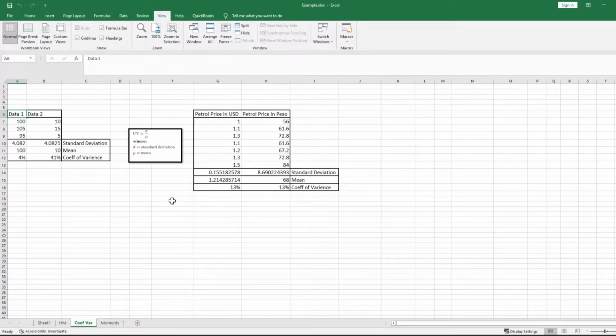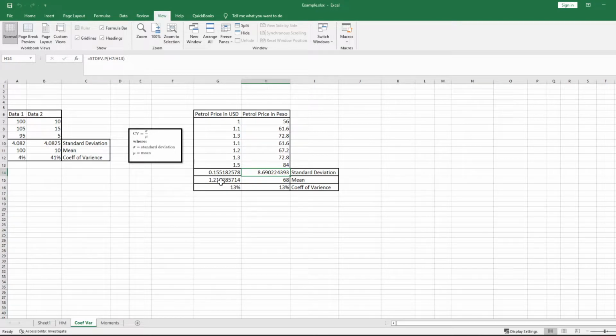And let's see a good example here so that it's easy to understand. This is the petrol price in US dollar and this is the petrol price in Mexican peso. This is the variation of petrol price in some period of time, maybe each month's average rate, and the same in Mexico, a change in price accordingly. Now if you see the standard deviation, these two numbers are completely different.